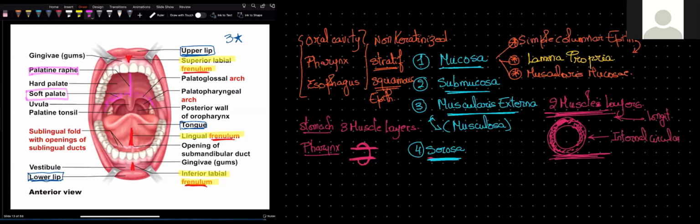Hanging down from the soft palate, in the midline of the oropharynx and the oral cavity, we have my uvula.